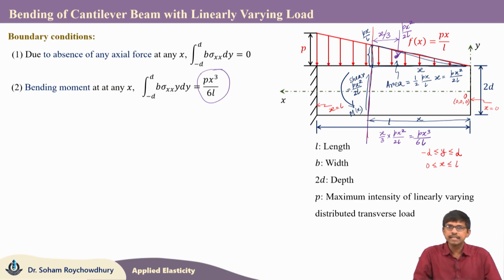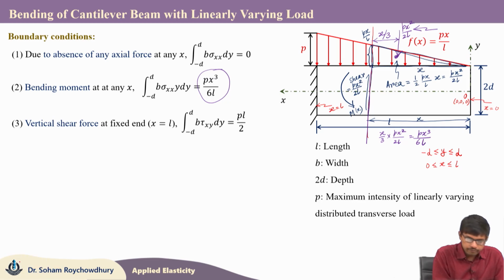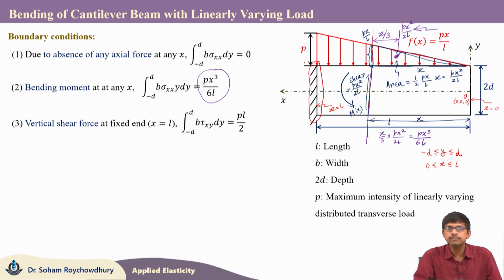So, the moment at any section x would be p x cube by 6 L, and that is equal to the integral from minus d to plus d of b sigma x x y dy. Coming to the vertical shear force, as I told, at any section it is p x square by 2 L. Now, if you consider the fixed edge, the left hand side edge, the vertical shear force at that edge should be p x square by 2 L at x equals L, because x equals L refers to the fixed edge, the left hand side face.